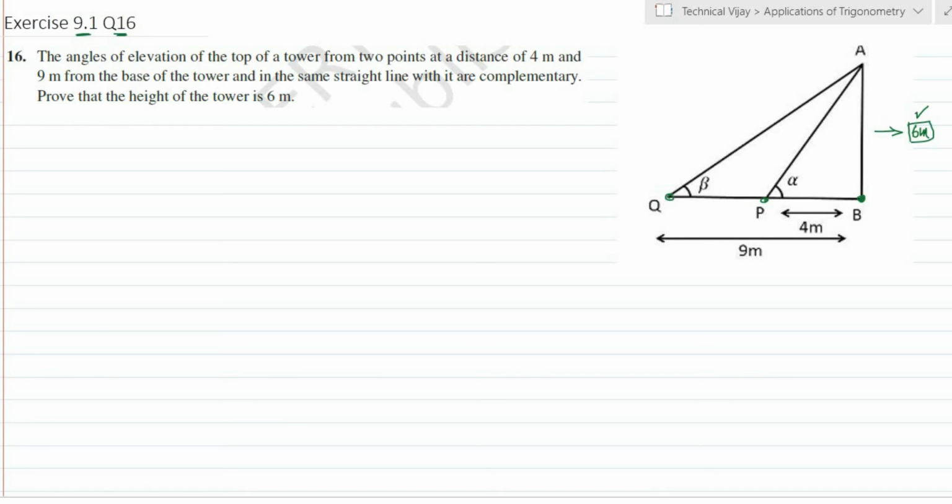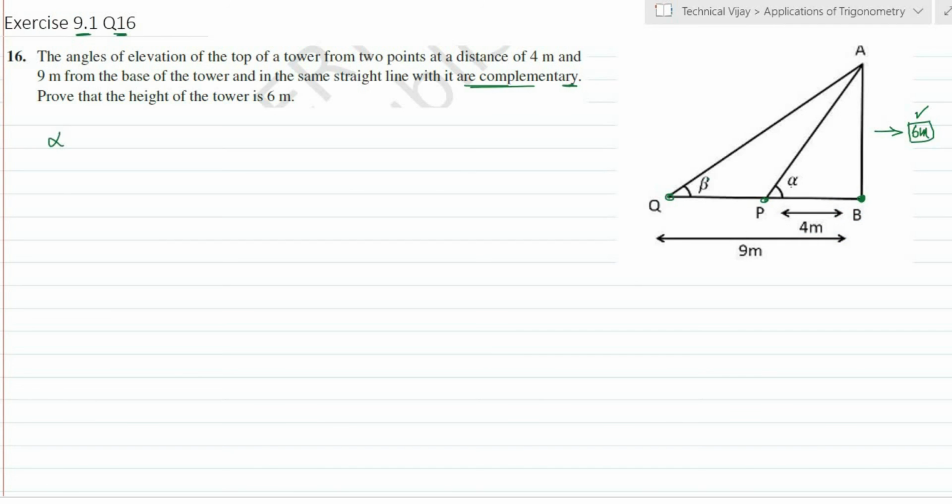If the points and the base of the tower are in the same straight line, and the angles of elevation are complementary. Here the angles of elevation are alpha and beta.